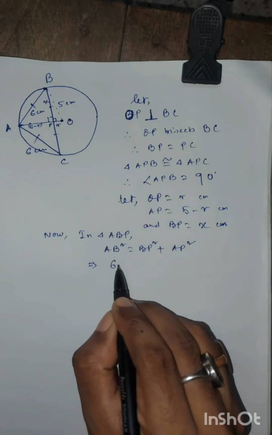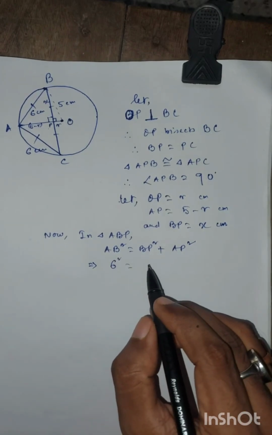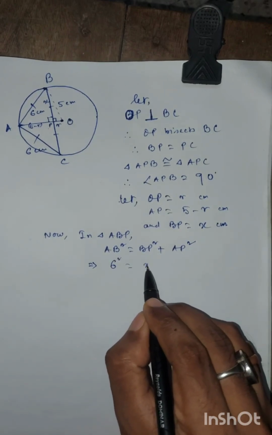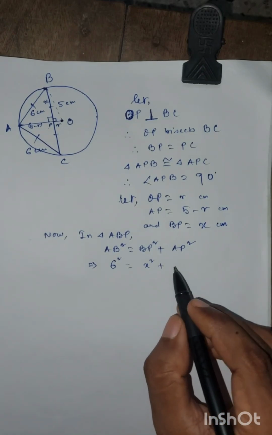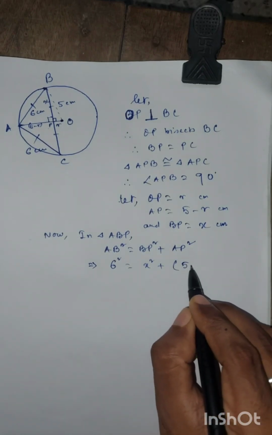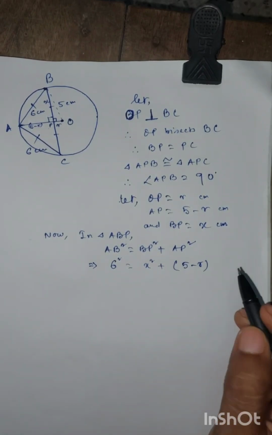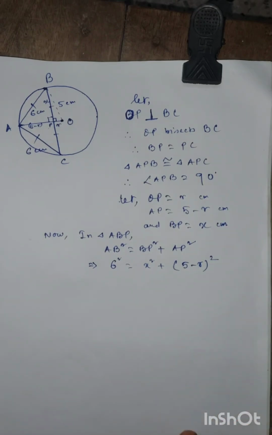So AB is 6, it is given. BP is X square. AP is 5 minus R square.